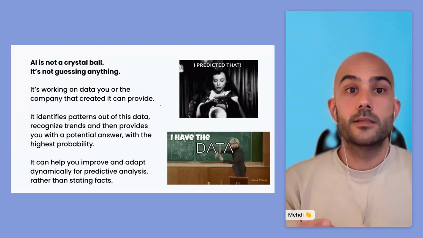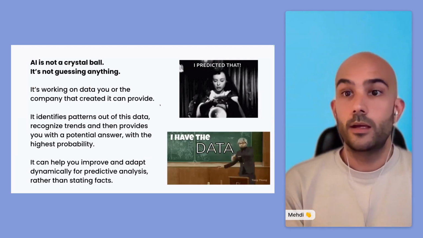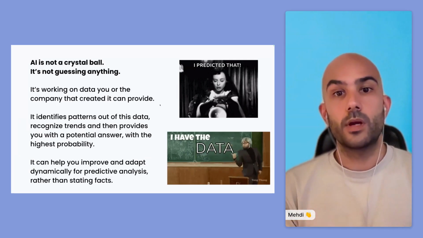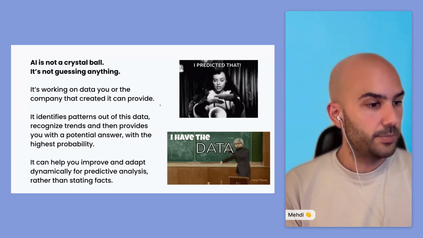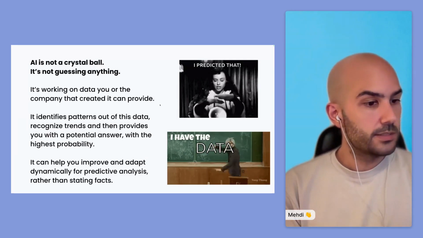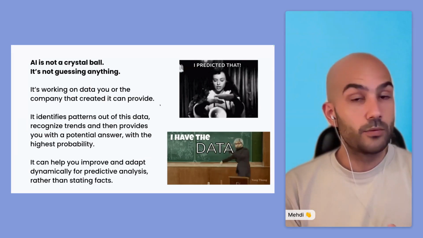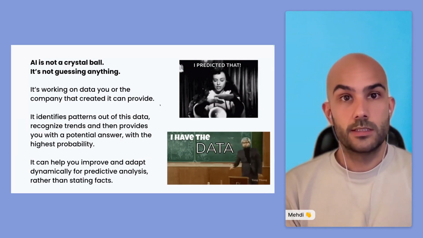It formulates things this way, so we tend to think it might be a prediction. It's actually not the case. When you work with AI, it's working on the data that it has. If I take the case of ChatGPT, for instance, the knowledge cutoff of ChatGPT is October 2023. So it doesn't know anything that happened after this.